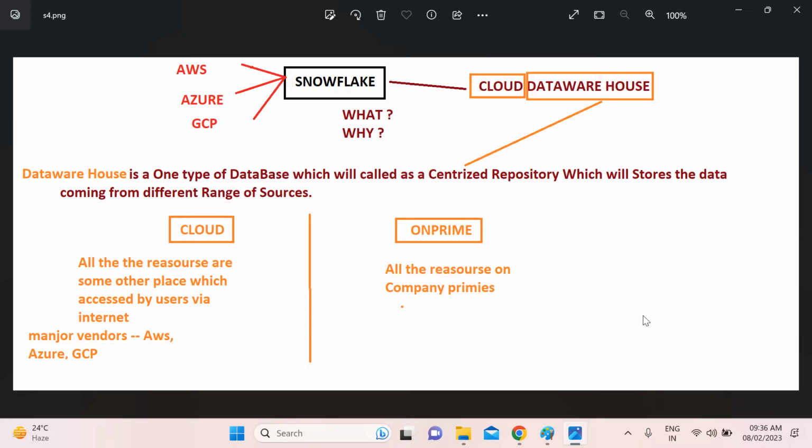Hello, sir. Yes, please. Is Python required for Snowflake? Actually, nowadays there is a shortage of resources on Snowflake. A serious shortage. No resources are available in the IT industry for Snowflake.